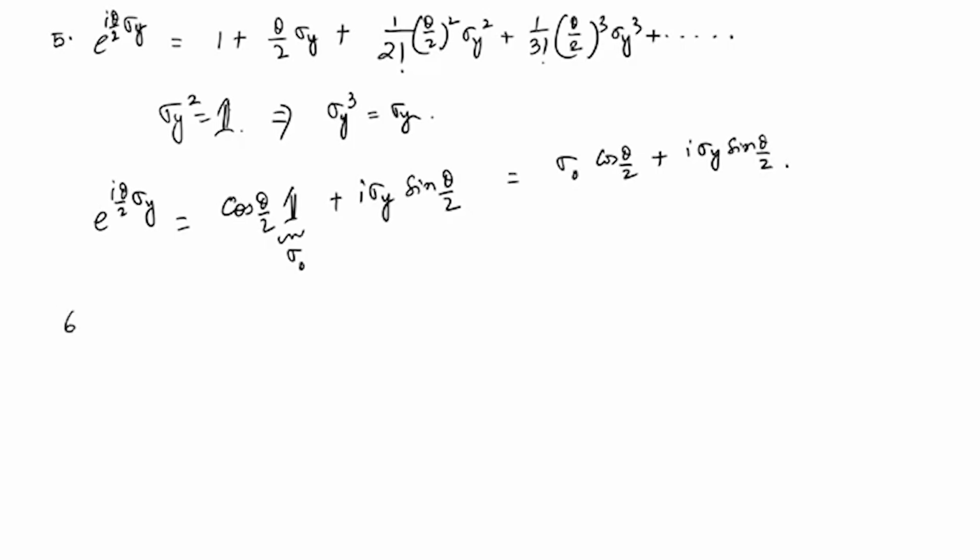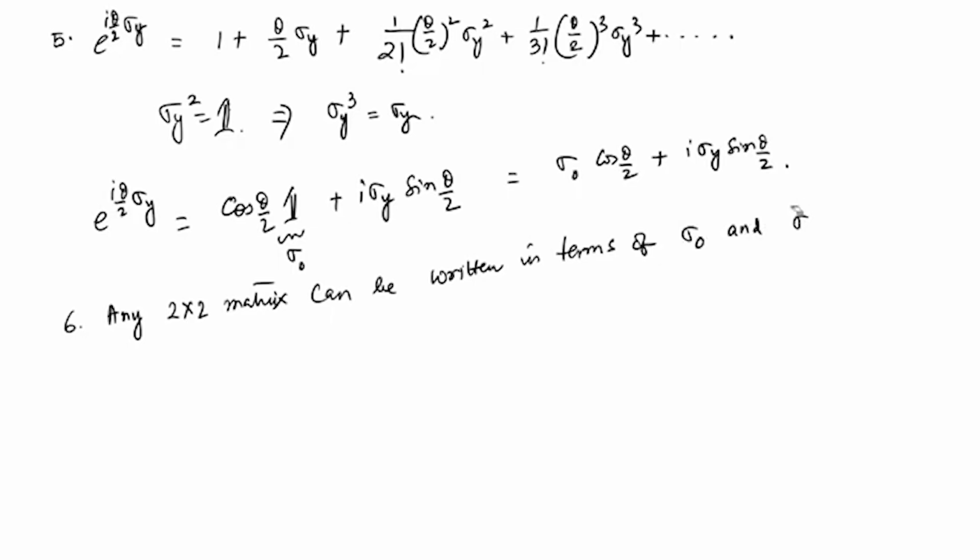Then another property: any arbitrary 2 by 2 matrix can be written in terms of sigma 0 and the components of sigma, or let us write it as sigma i with i equal to x, y and z. Okay. And this is easy to show.